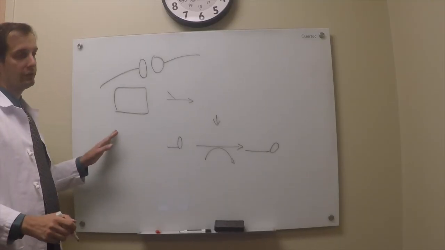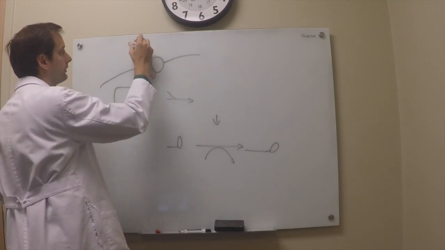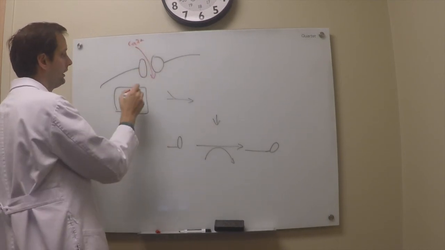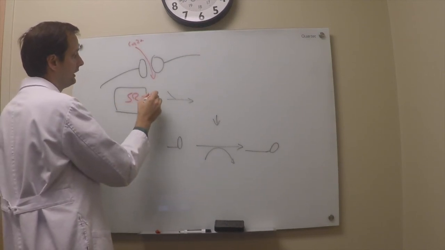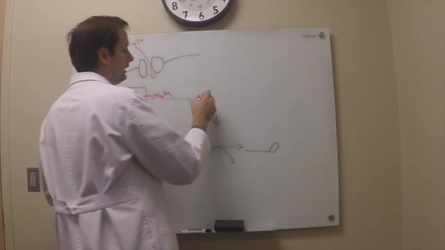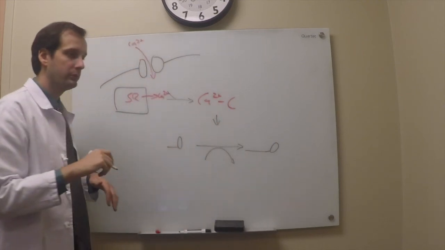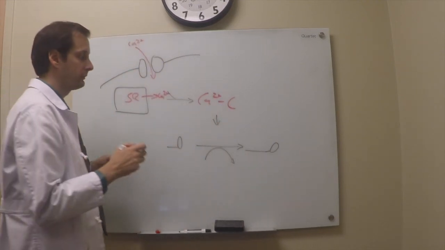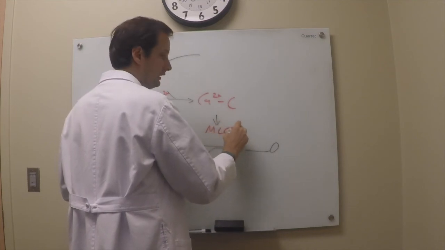To summarize smooth muscle contraction, again we have calcium entering the cell through our slow inward L-type calcium channels, acting as trigger calcium for our sarcoplasmic reticulum, and again calcium is released from our sarcoplasmic reticulum. In the presence of calmodulin, calcium forms a calcium-calmodulin complex, and this will activate our myosin light chain kinase.